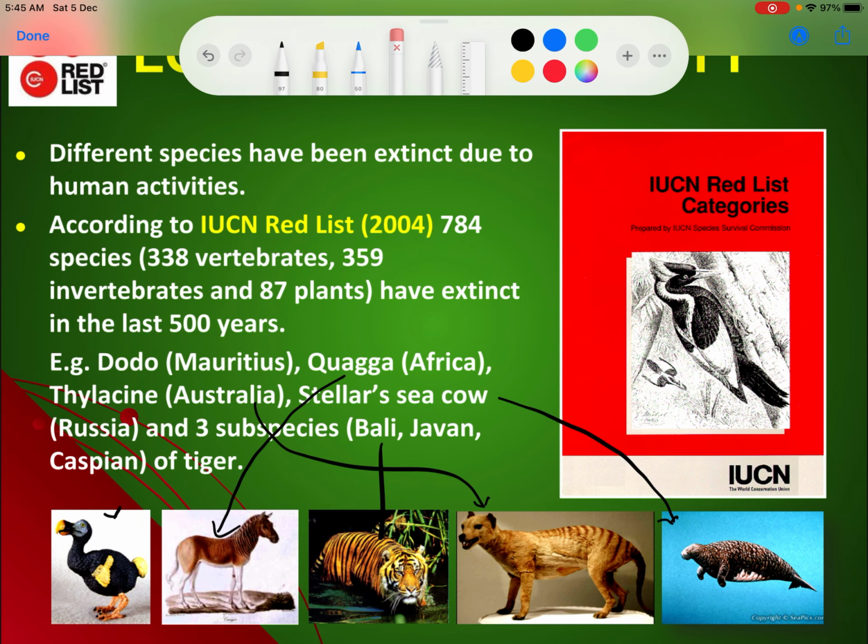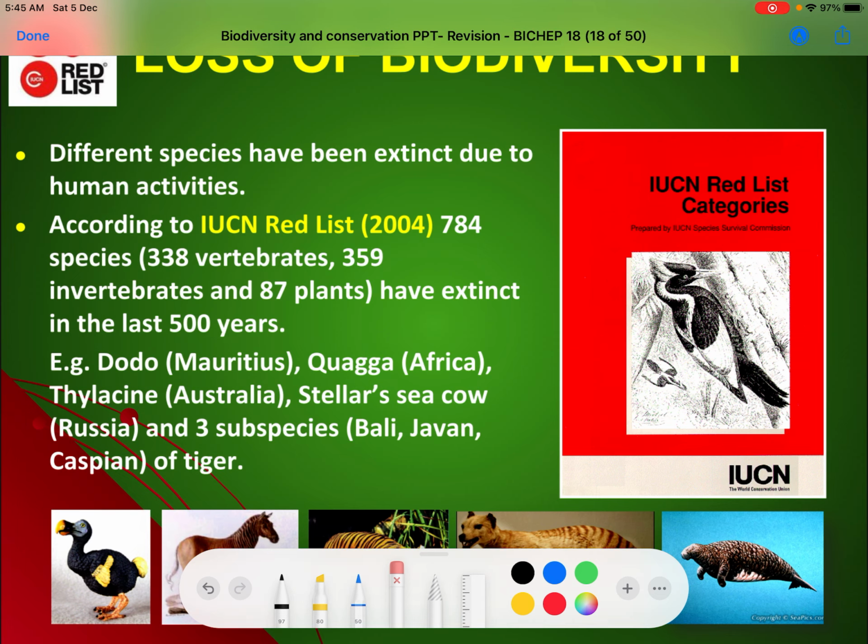The loss of even a single species definitely affects so many different species present in that particular ecosystem, because we have already learned the structure of the ecosystem. We have so many food webs and food chains.